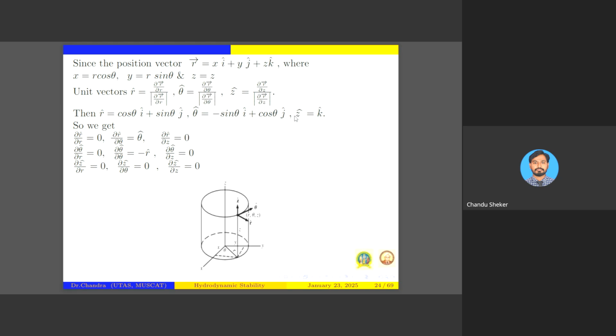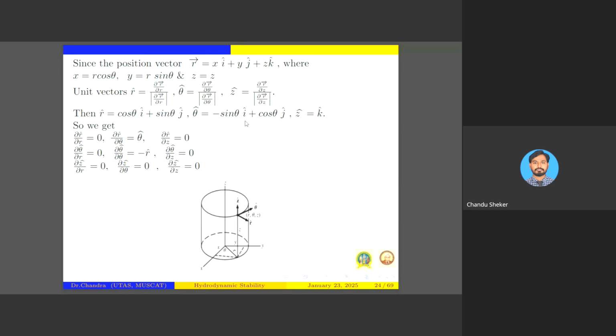Similarly, we got theta cap and z cap. These are the unit vectors we got from r bar and x, y and z. After finding the unit vectors, we get r cap, theta cap, z cap this way.